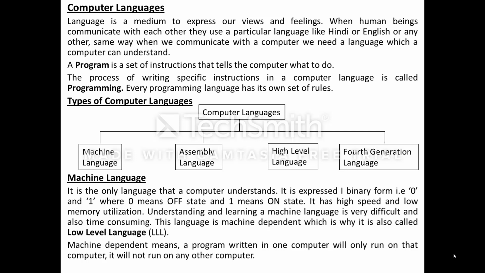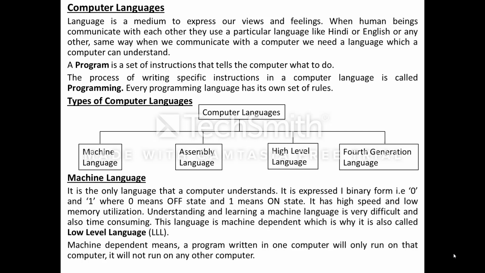So, how will we communicate with each other? In that case, what we'll require is a translator, right? A third person, a translator who can translate your language to my language and my language to your language, so that both of us can understand each other, right?